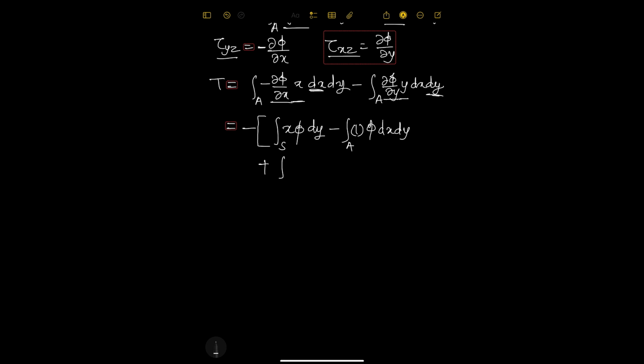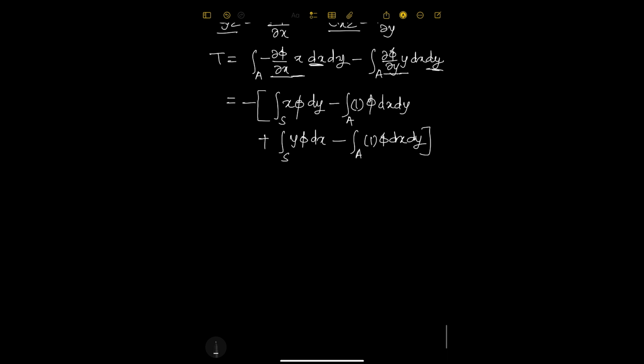Plus y into phi dx over the boundary of the cross section, subtracted by the integration of phi dx dy over area A. Now we know that phi is equal to 0 on the boundary.